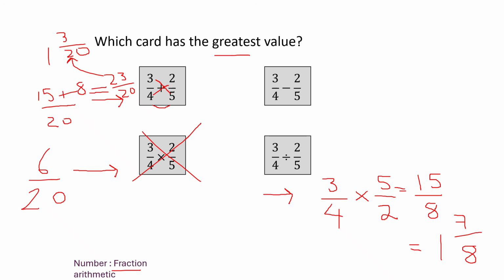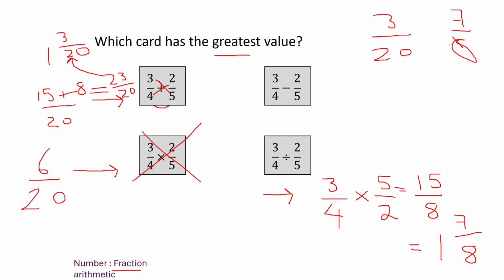Now this is not as obvious here. Hopefully you can see that 7/8 is bigger than 3/20. If you're not sure about that, 3/20 and 7/8, comparing the size of fractions, I'm going to cross multiply.